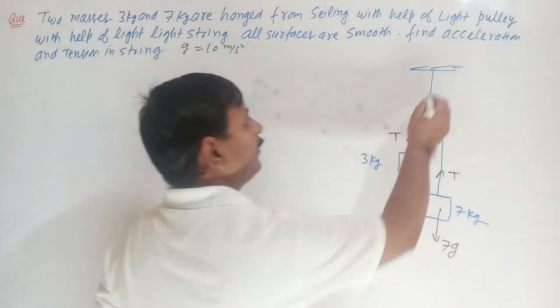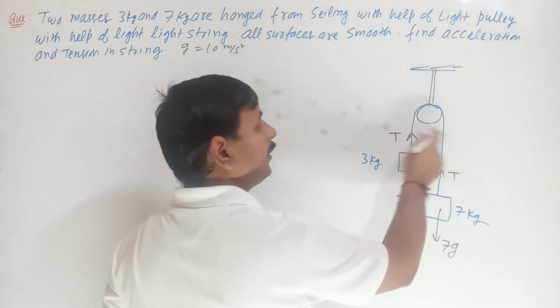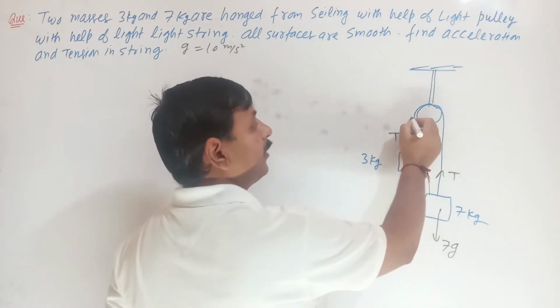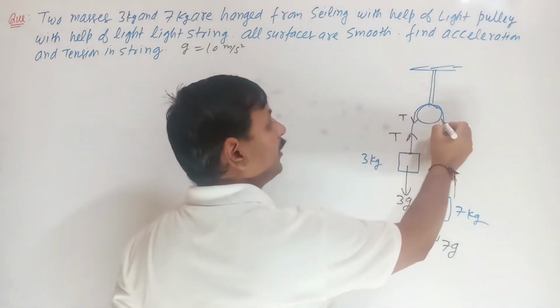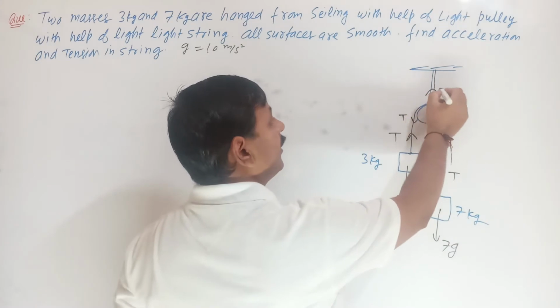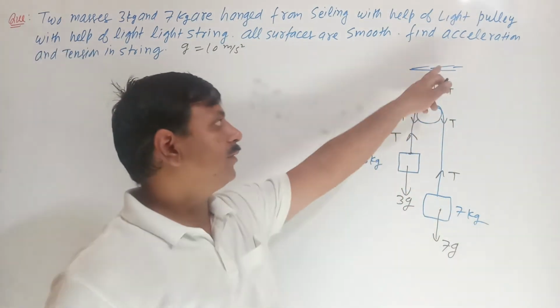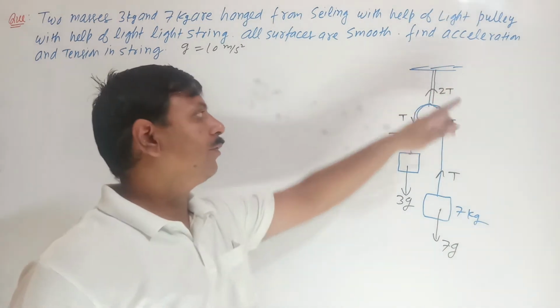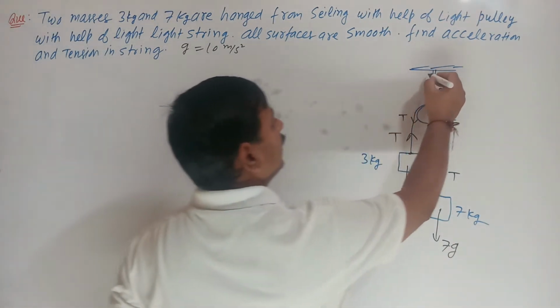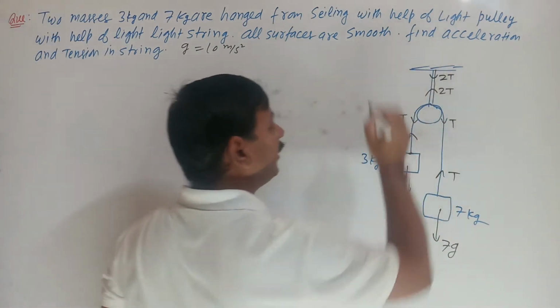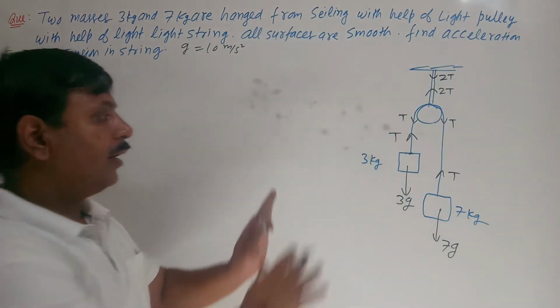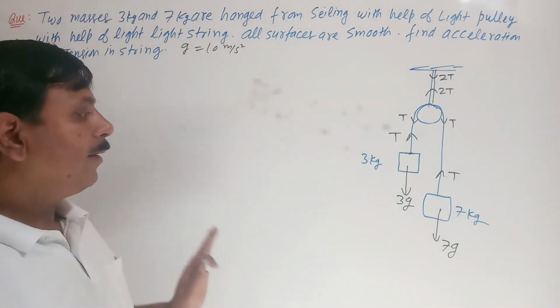If you want to find the tension here, T and T, so in reverse order there will be tension here and tension here. So you can say here tension will be 2T. If anyone asks what the tension at the ceiling is, you can also say it will be 2T. So I have drawn the forces.